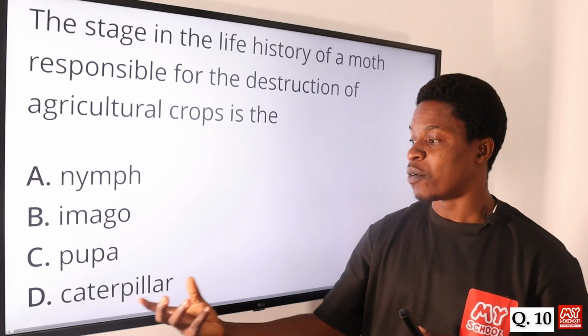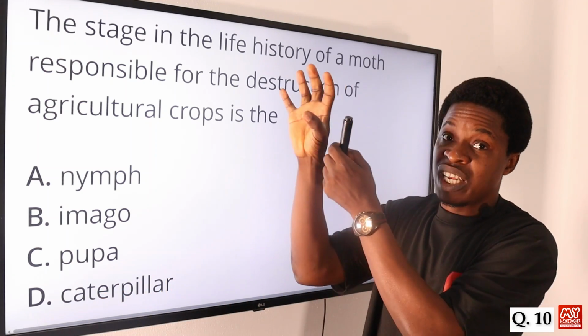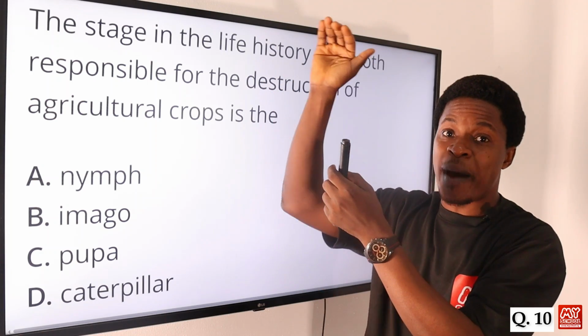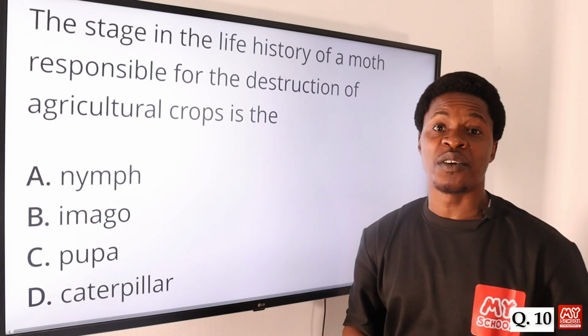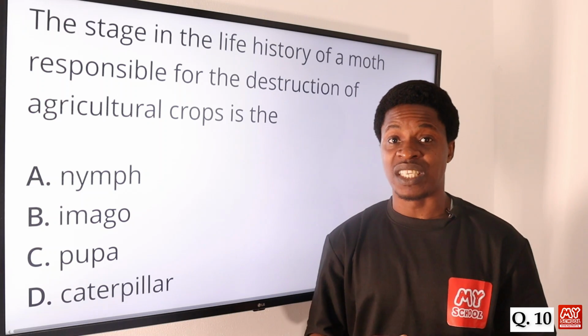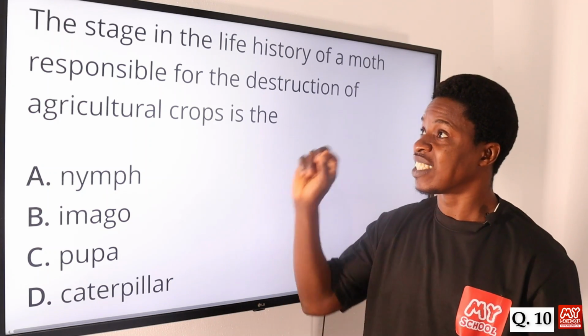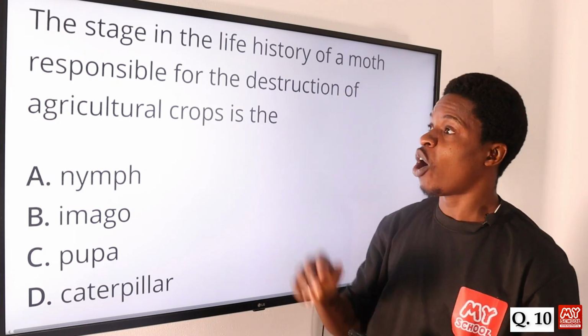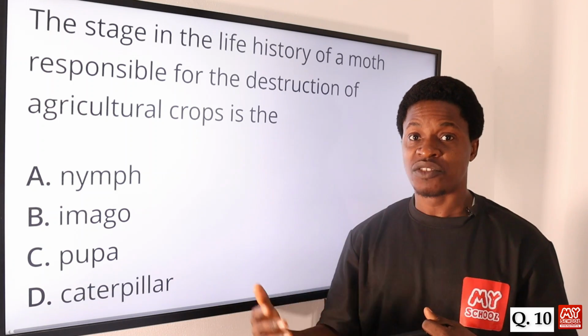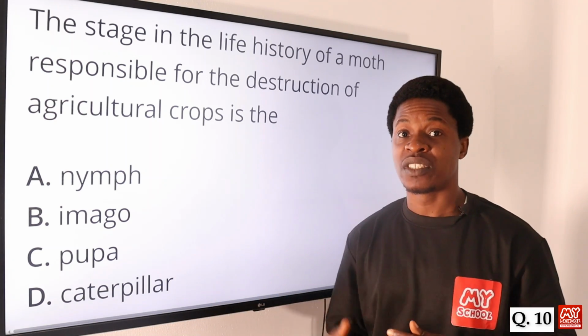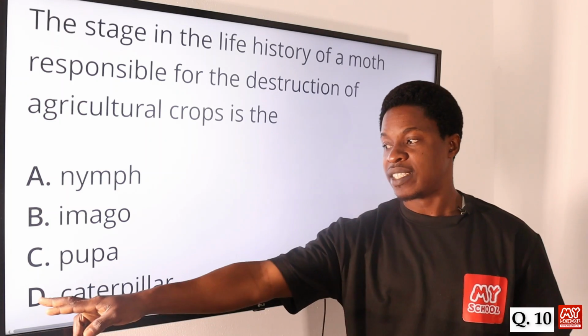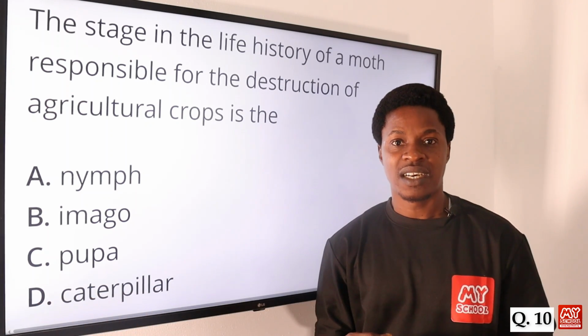It feeds on the leaf, on the stem, on every part of the plant. It can destroy agricultural products, even the food that you intend to eat. So it is the caterpillar that is the stage in the life history of the moth responsible for the destruction of crops and plants. So the correct answer is option D, caterpillar.